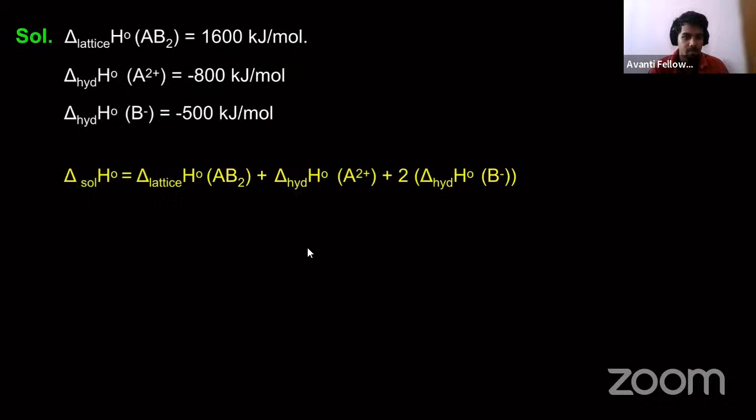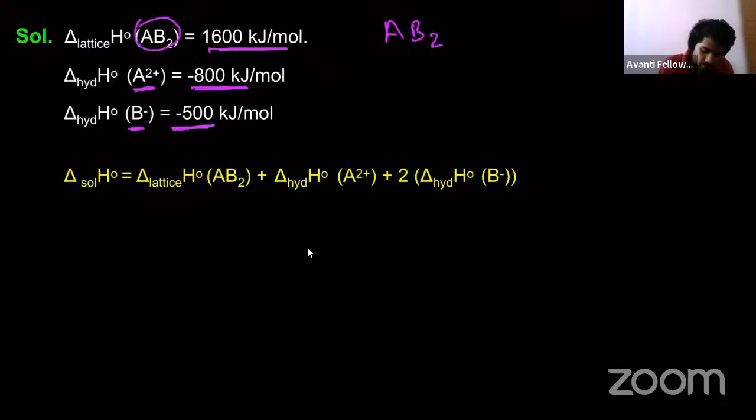Now, if you see this, the lattice energy of AB2 is given as 1600 kilojoules per mole, and the hydration energy of the A2 plus ion is given as minus 800 kilojoules per mole. For the anion B minus, the hydration energy is given as minus 500 kilojoules per mole. But whenever AB2 is dissociating, how many ions are given?